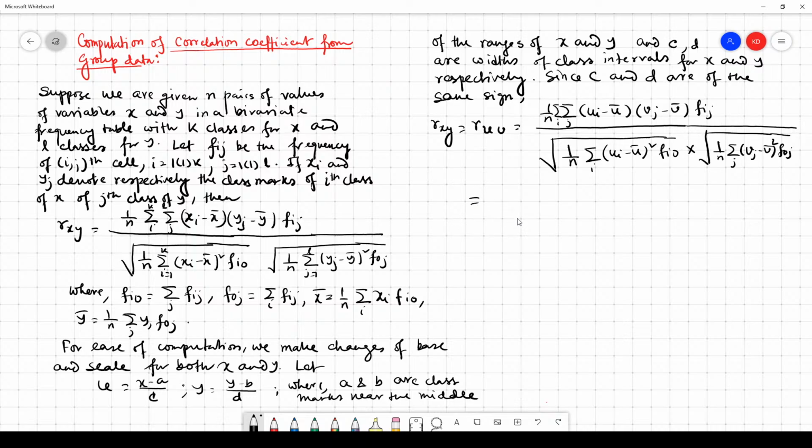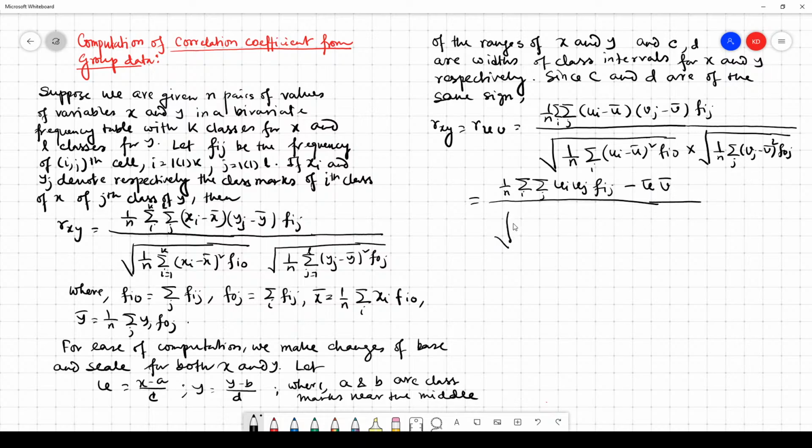Now we can simplify this formula. We already discussed this in our previous class. The numerator is 1 by n sum over ij Ui Vj Fij minus U bar V bar.